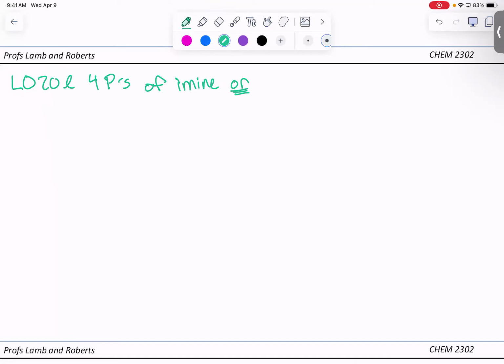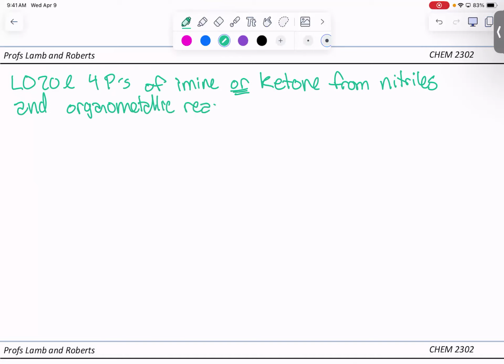or, triple underlining or, because we're going to have to figure out when we form an imine or a ketone from nitriles and organometallic reagents. And if you're following along, this is chapter 20.17.